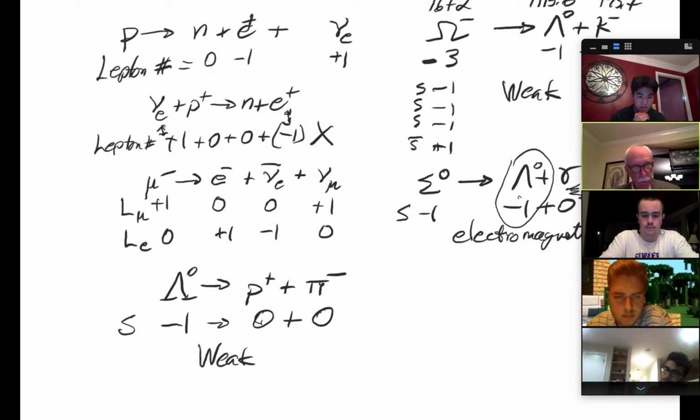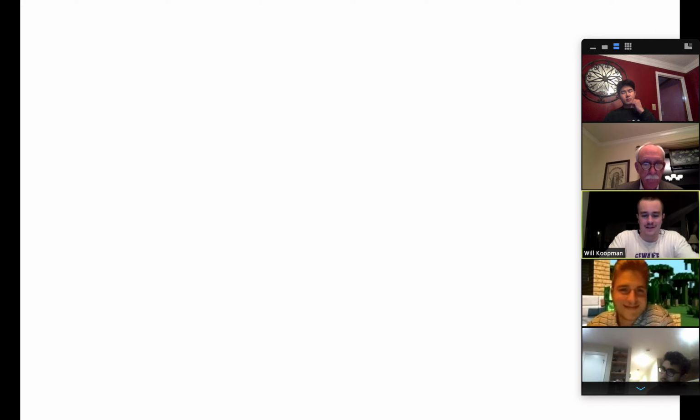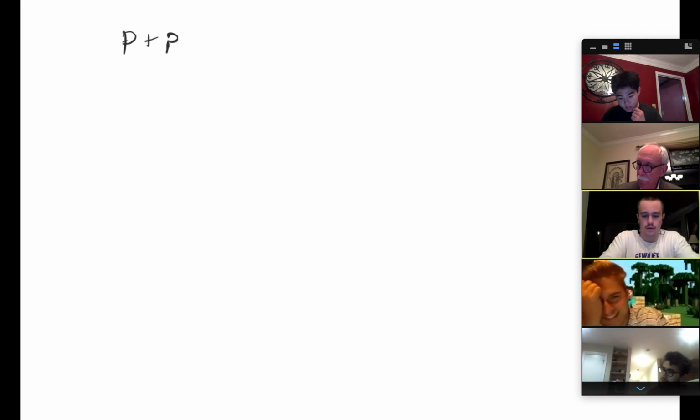All right, let's make this a little more challenging. Same thing, but all the conservation laws are in effect here. Oh God. Proton collides with an antiproton.